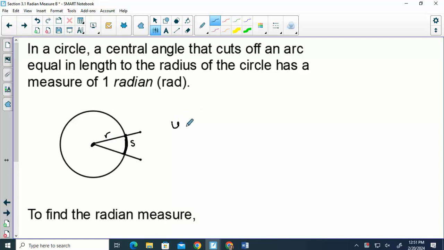So when your radius is equal to your arc length, your angle is equal to 1 radian. Okay, so that's kind of how it's determined, what a radian means.